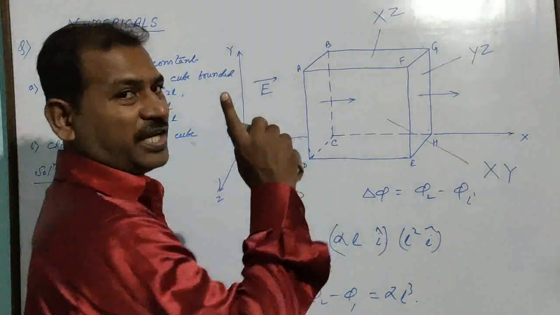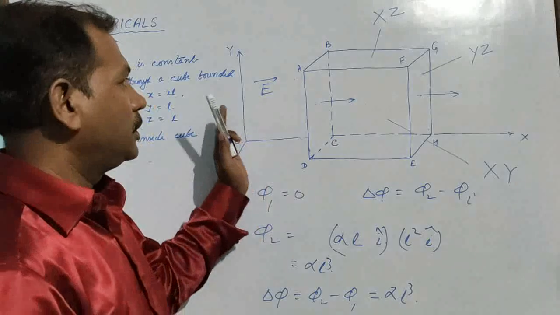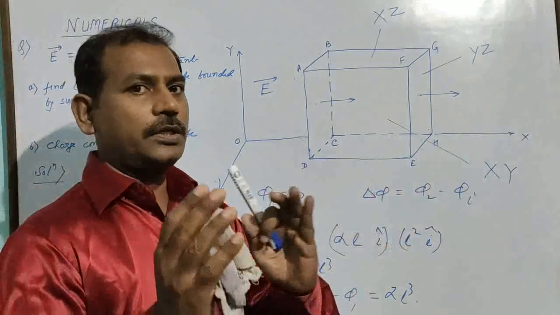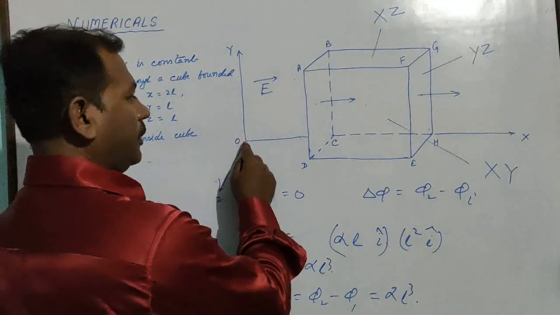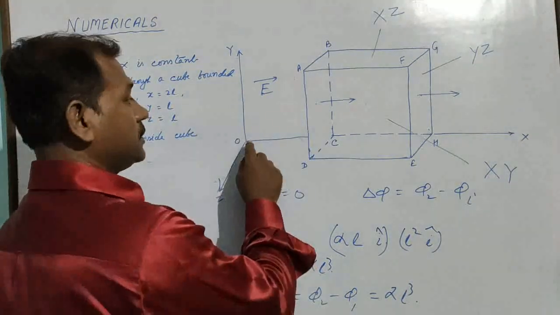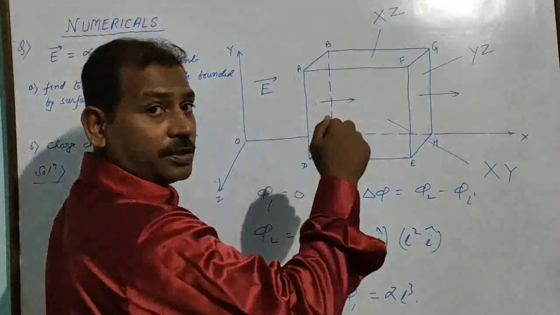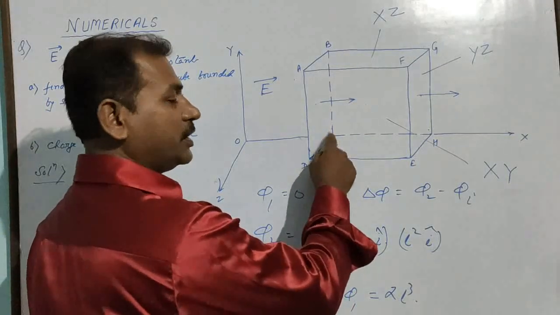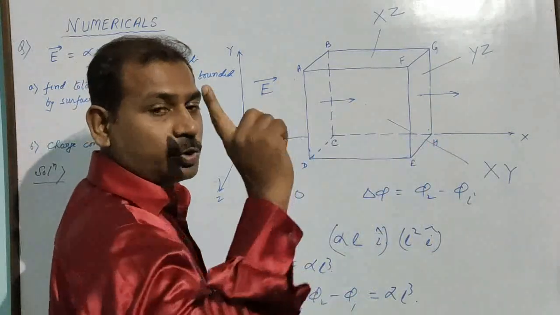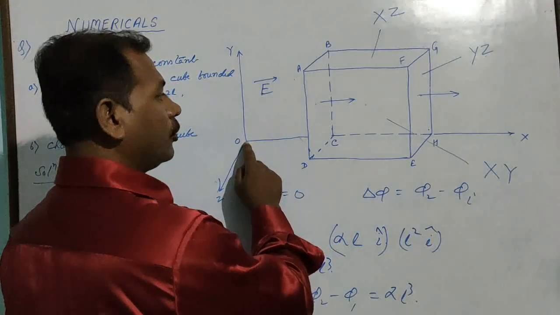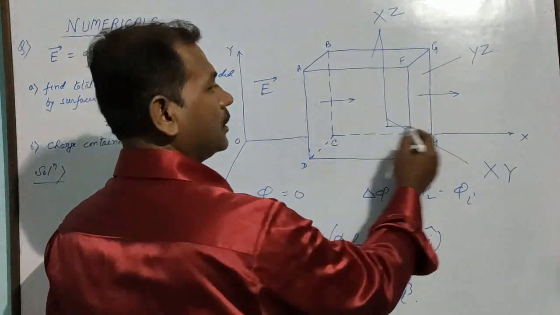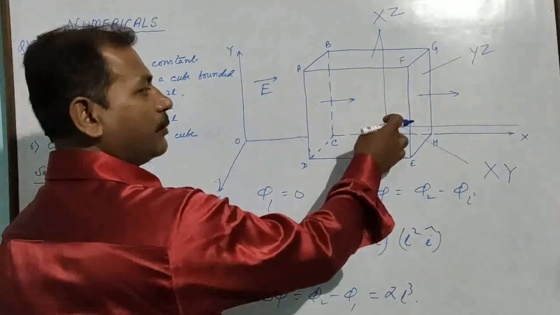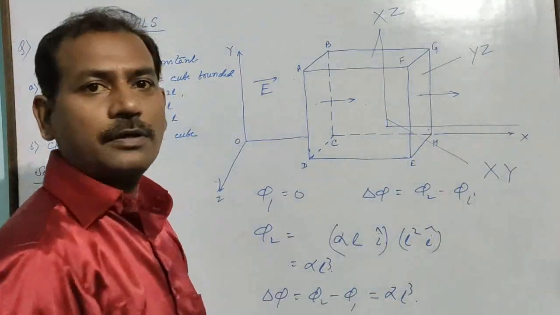Now, if in the third question the frame is the same, only you are changing the mode of operation. The second question was here. Now, in the third question, you are being asked that the origin is somewhere here. That means field intensity starting from this particular point, which is inside.